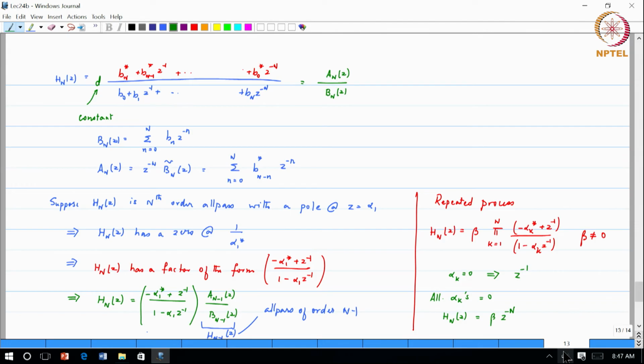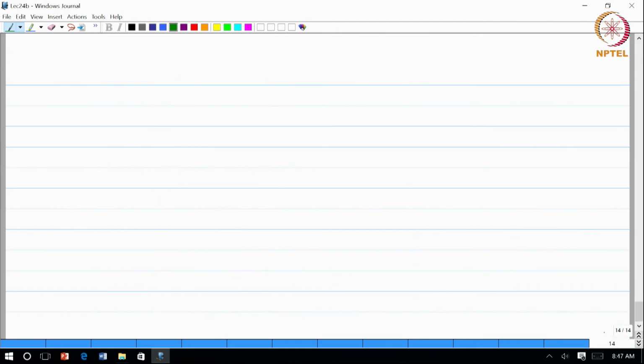Now, before we leave the discussion of all pass, a couple of quick properties I would like you to verify or ascertain. Two properties which come into play in our discussion, properties of all pass filters. All pass filters belong to a unique category of signal processing functions which are called lossless functions.